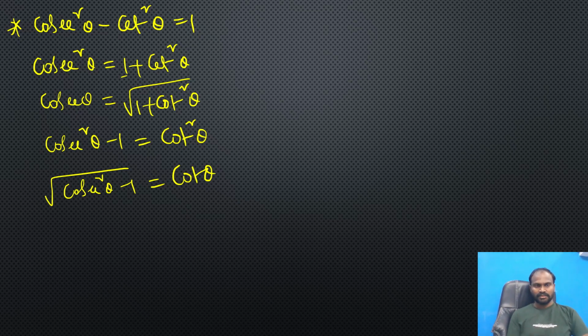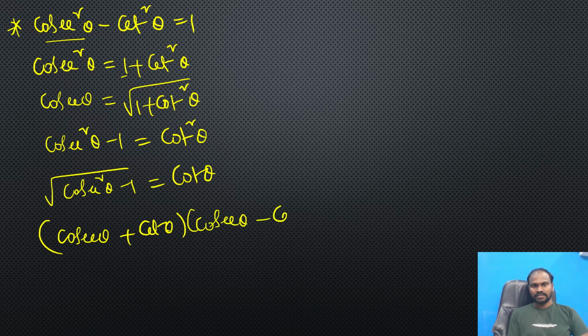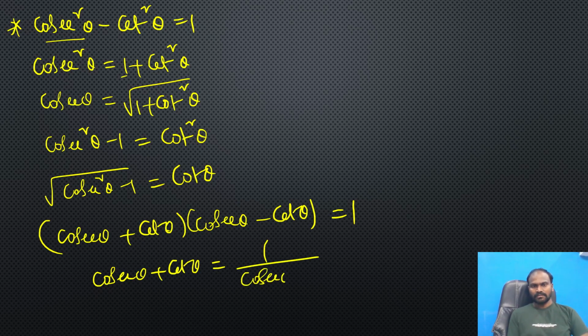So got it. And now we can see that it is like the a square minus b square formula again, just like the previous one. We can write this as cosec theta plus cot theta into cosec theta minus cot theta is equal to 1. Cosec theta plus cot theta is equal to 1 by cosec theta minus cot theta, just by moving this to the other side.